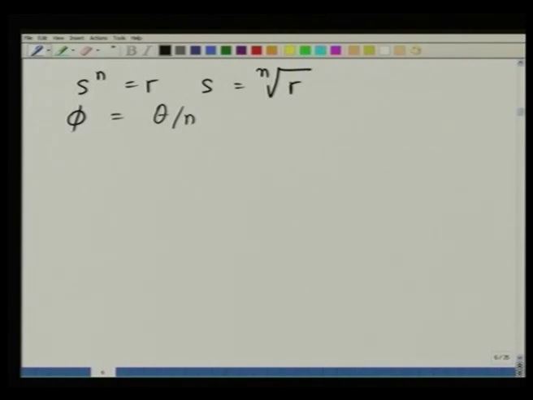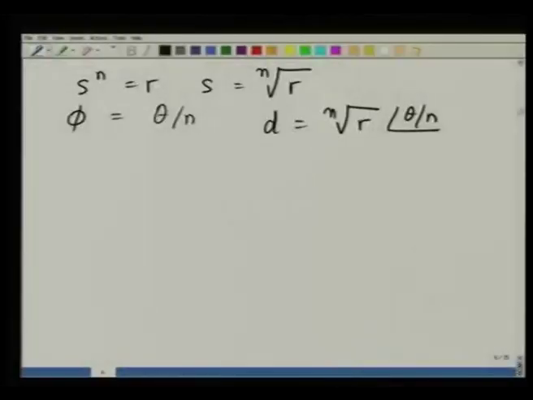If phi is chosen to be theta by n, then clearly n phi is theta, and this particular choice of phi and S would clearly give us one of the nth roots of C as follows: D equals the positive nth root of R at an angle theta by n. Now, we have to look for the remaining n minus 1 roots, and these can be found as follows.